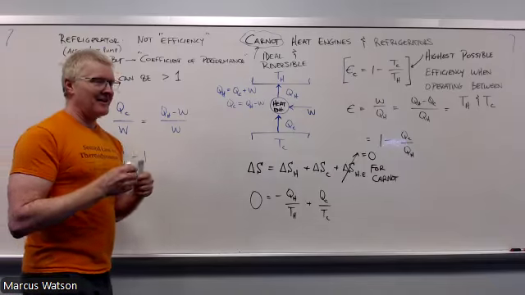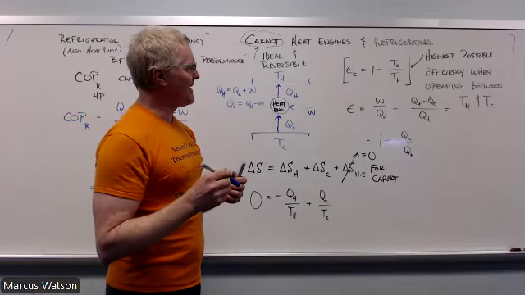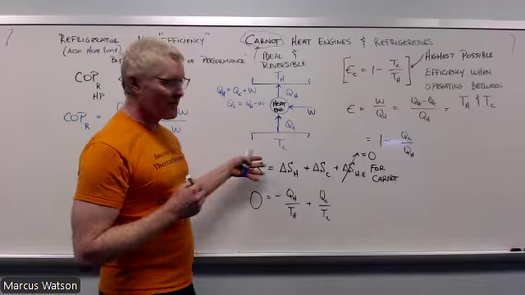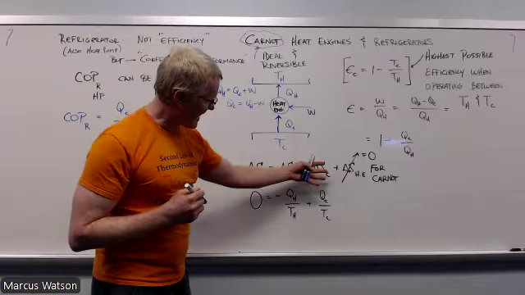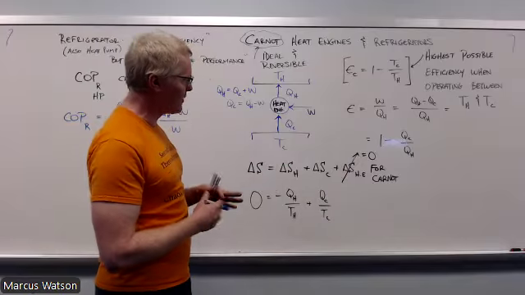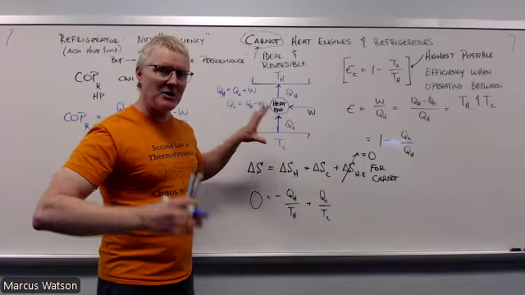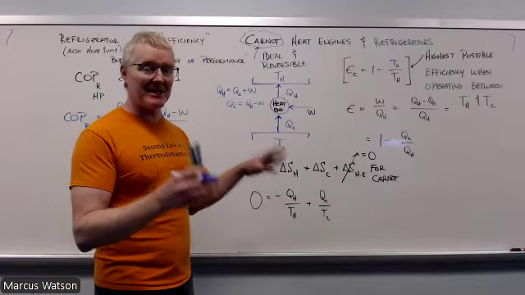except that if I apply the same reasoning here that I had when I was looking at the heat engine, and I said, well, the entropy increases and decreases are still balanced.